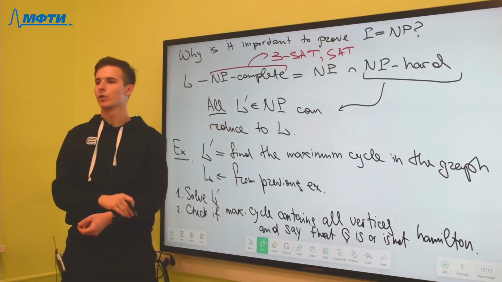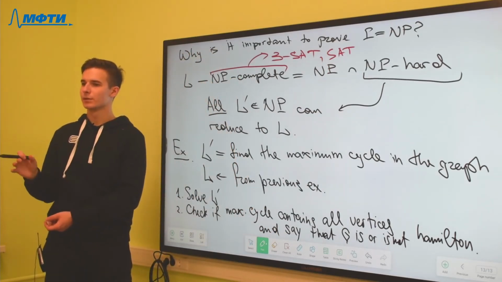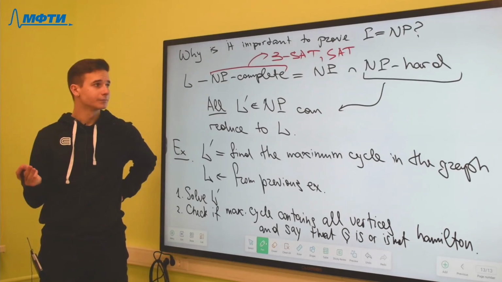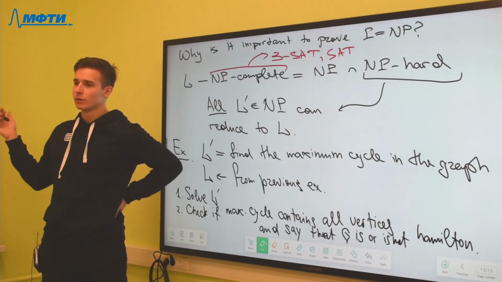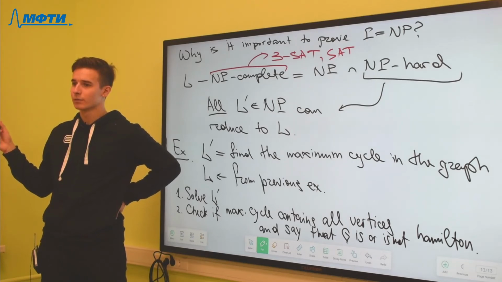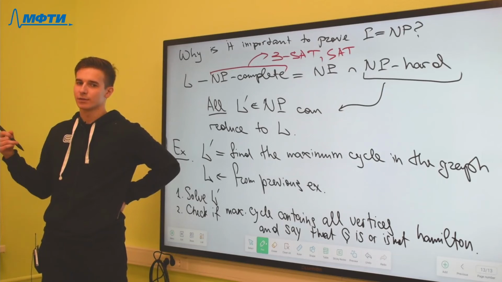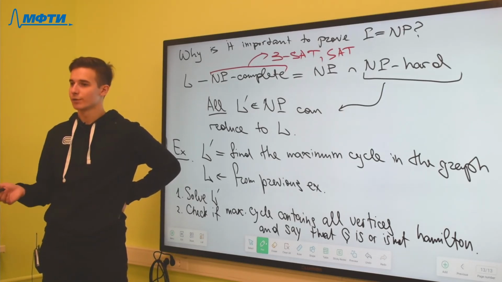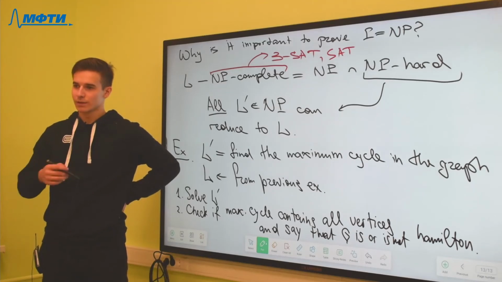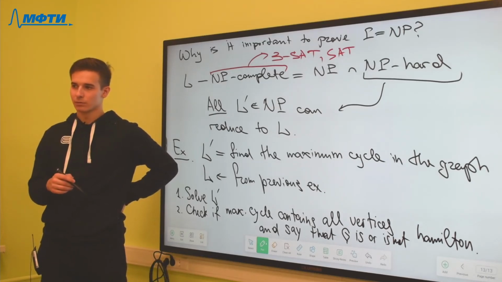You have a Boolean formula with 3 operations: and, or, and inverse. Yeah, and you try to understand whether this formula is true for some inputs or not. It is an NP-complete problem.